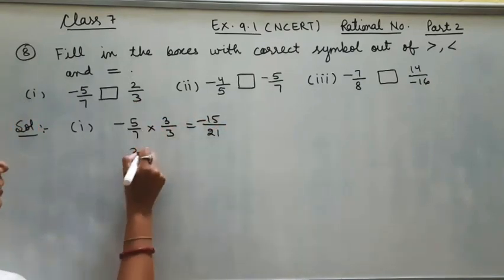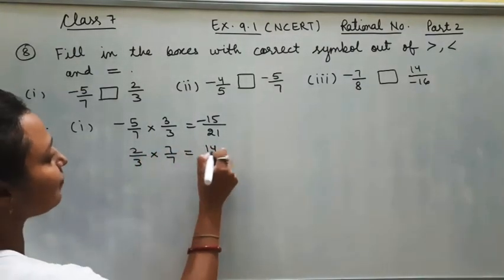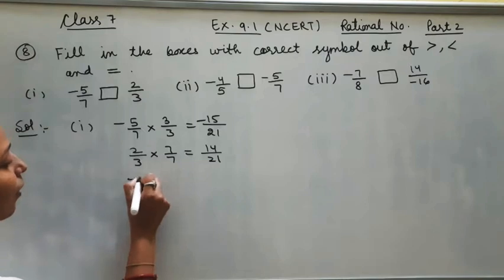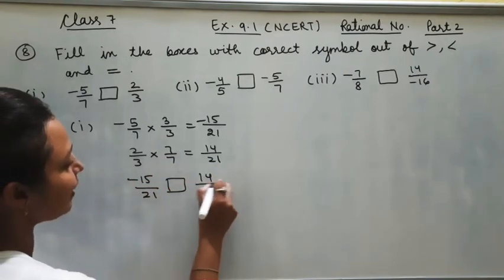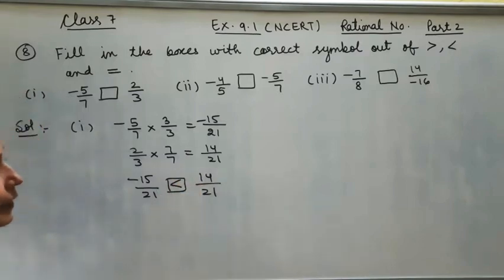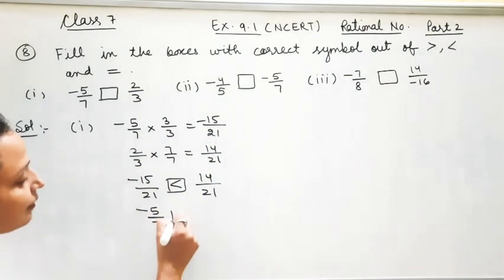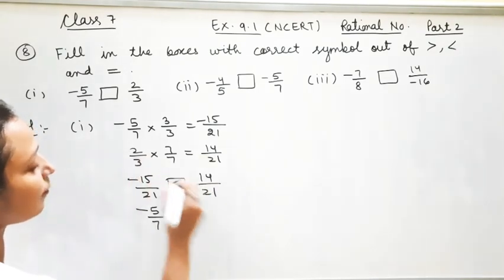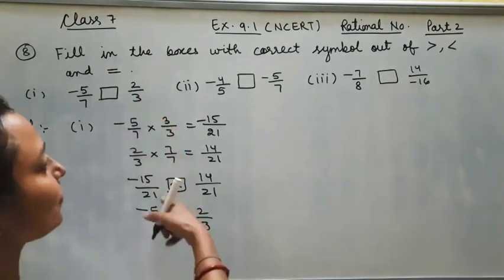And the next, 2 by 3 is multiplied by 7. That is 14 by 21. Now out of minus 15 by 21 and 14 by 21, 14 is greater. So 2 by 3 is greater than minus 5 by 7. This is the way to do the first question.